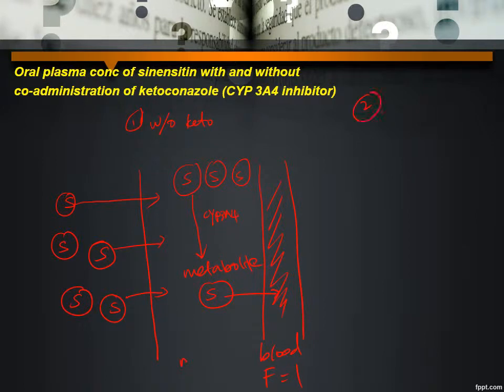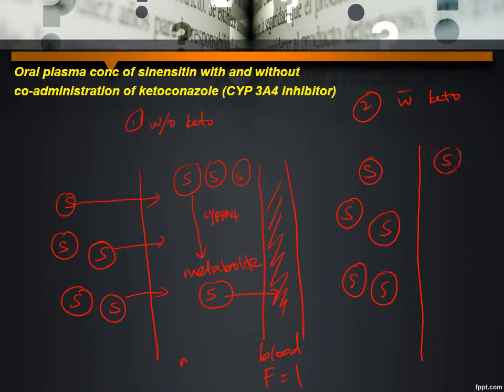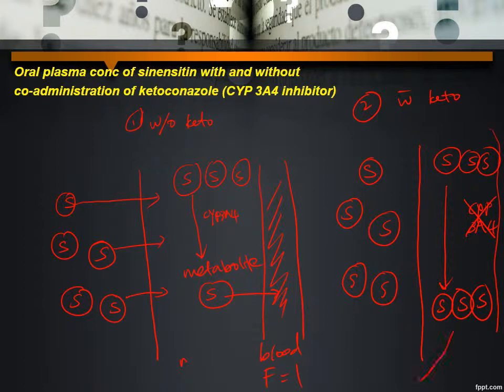In the second case, when you co-administer with ketoconazole, and again this is your sinecytin that comes in, 3 of them go in, and because the CYP3A4 has been inhibited by ketoconazole, the 3 remain active sinecytin, and this active sinecytin goes into the bloodstream, with the bioavailability of 3.